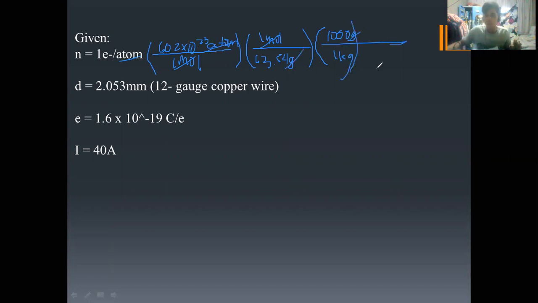And then, multiply natin siya dun sa given na density, which is 1.4 times 10 raised to 3 kilogram per cubic meter. So, kilogram per cubic meter.